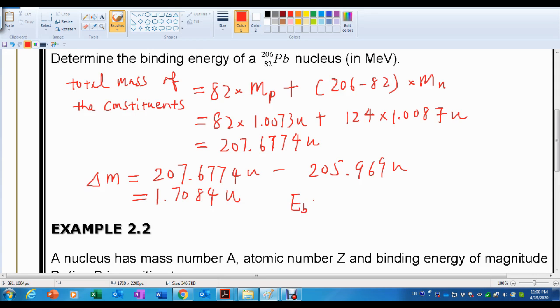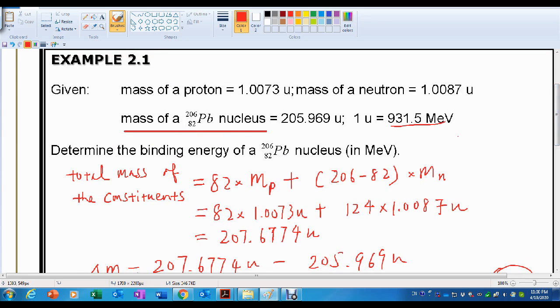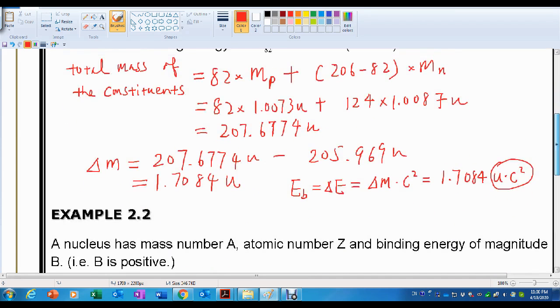Then you need to calculate the binding energy. Binding energy is just a kind of changing energy, which you can get using delta M times C squared. So delta M is 1.704 U. Remember that U C squared is equivalent to 931.5. Sometimes they give you 931.6. That's okay, but possibly I need to change that for consistency.